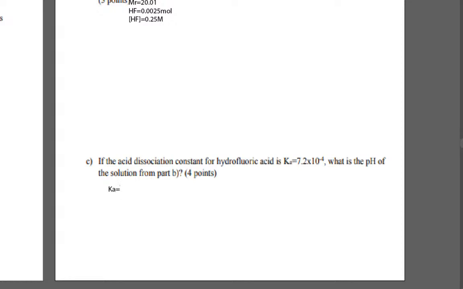So Ka of HF here is equal to the concentration of H plus and the concentration of the other guy, which is F minus. Do we need to divide it by HF? I believe so. Divide it by HF.